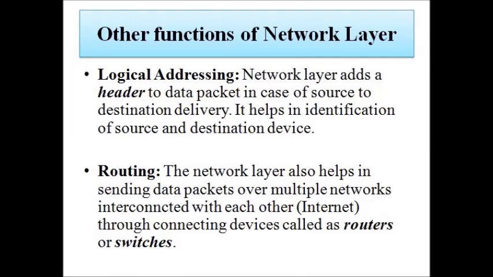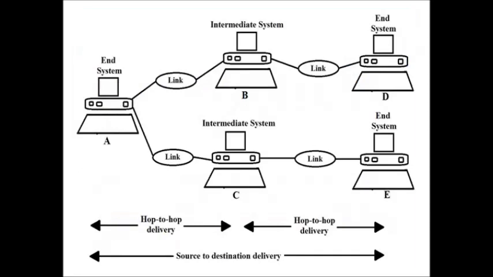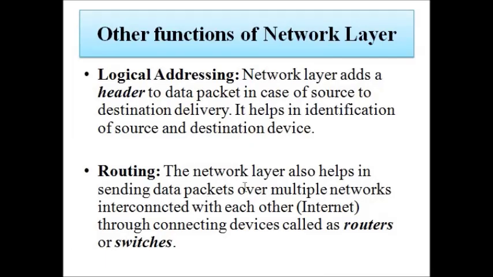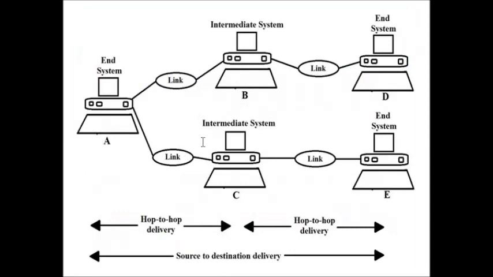Routing is a similar process as we studied here. What routing essentially means is to send data packets from one network to another. This is one network, a group of devices or computer systems connected together that combined form a network.